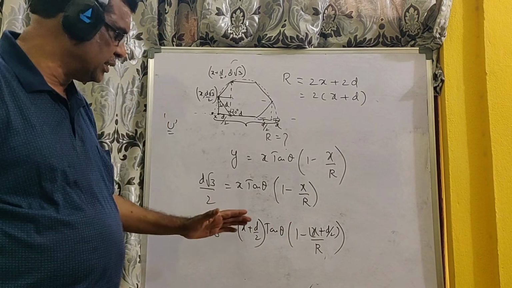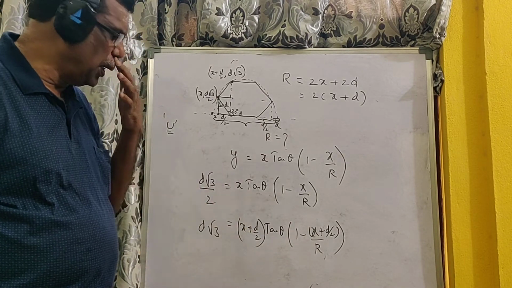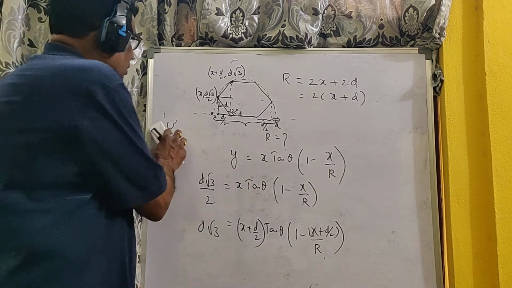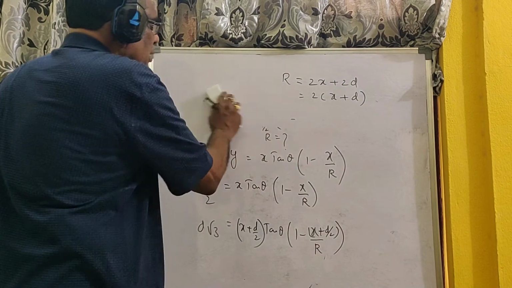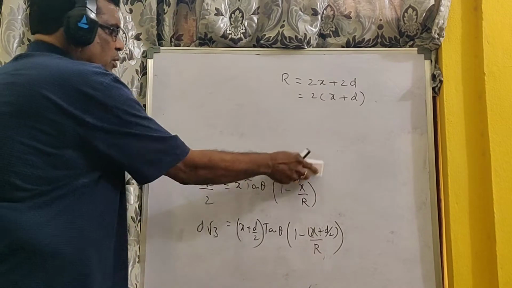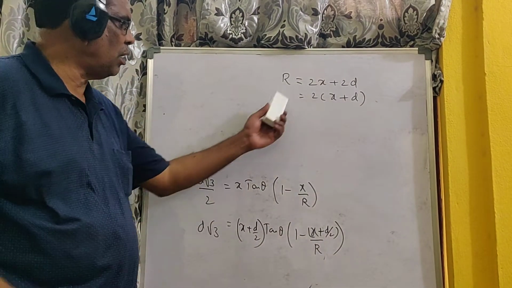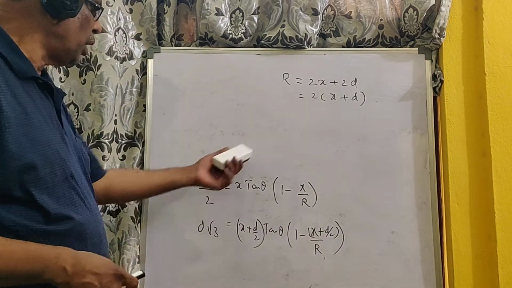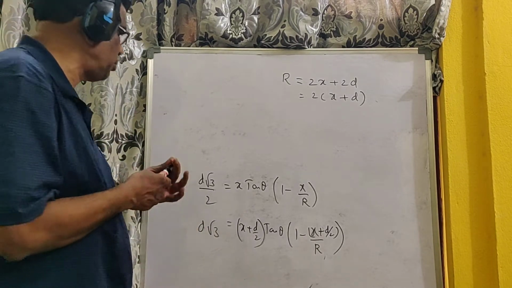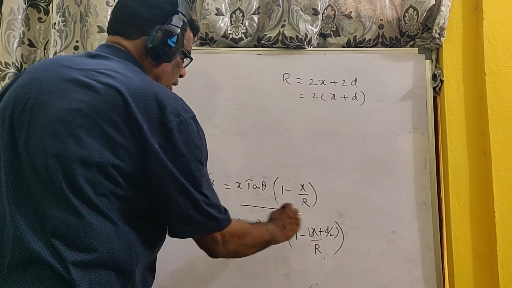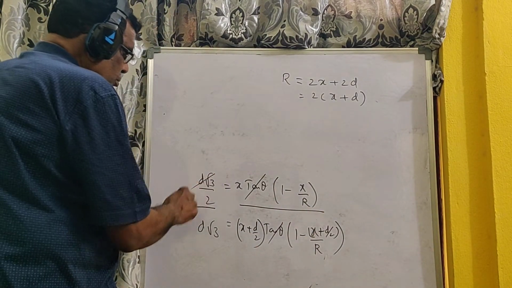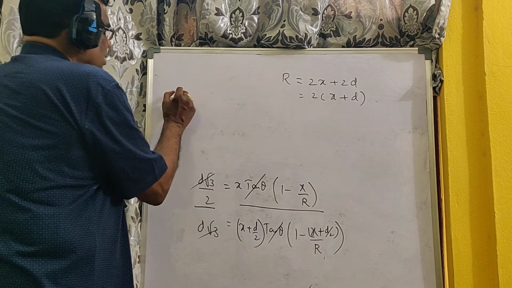Now, it is only a kind of mathematical jugglery to get the answer. All this is not required for you. This is also not required for you. Now, r of course is given. If you divide these two expressions, one advantage is that tan theta gets cancelled, d root 3 gets cancelled.